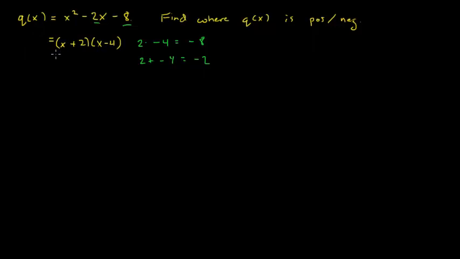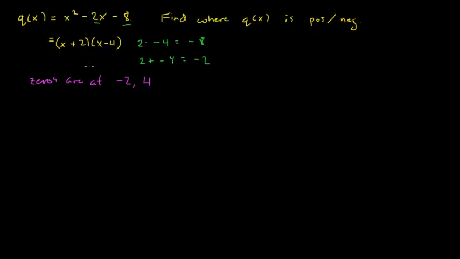So q of x can factor as x plus 2 times x minus 4, which means, of course, that the zeros are at negative 2 and positive 4. There are two zeros that occur at negative 2 and positive 4.